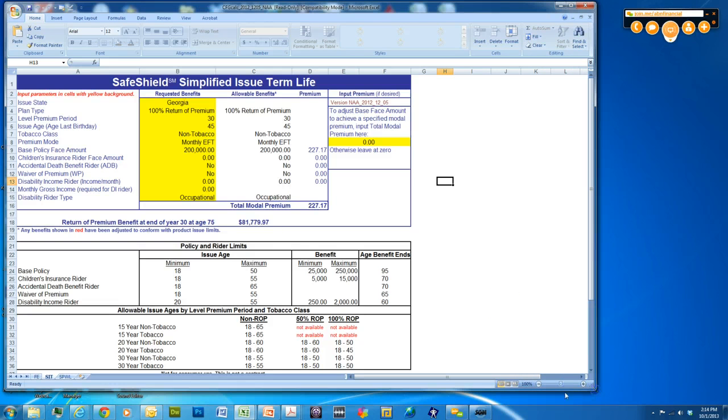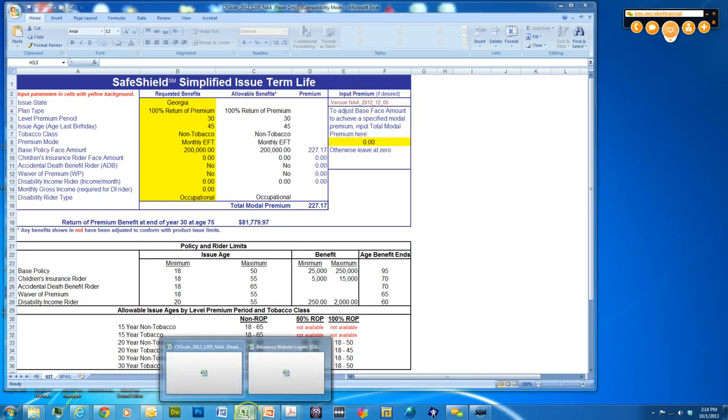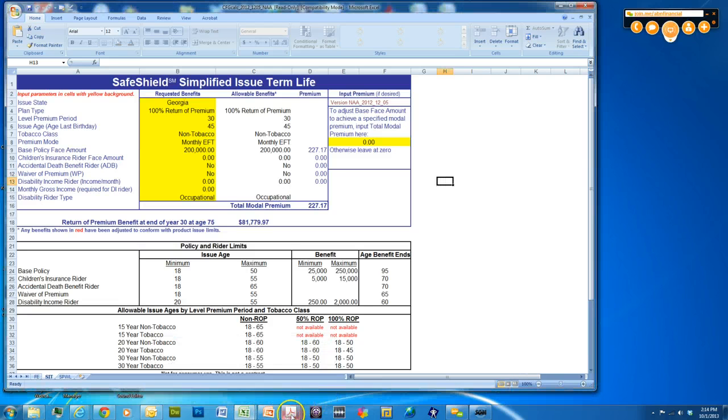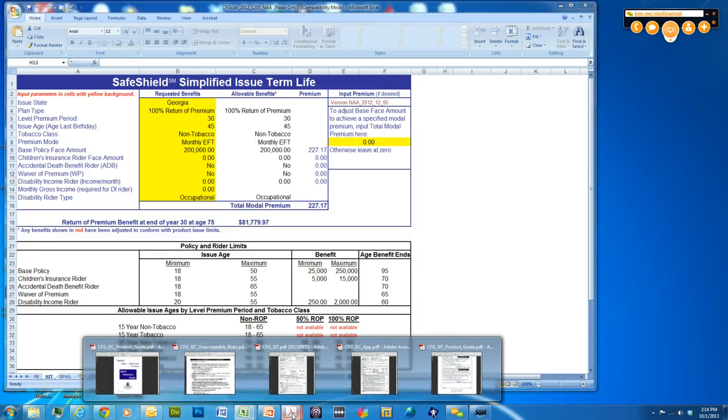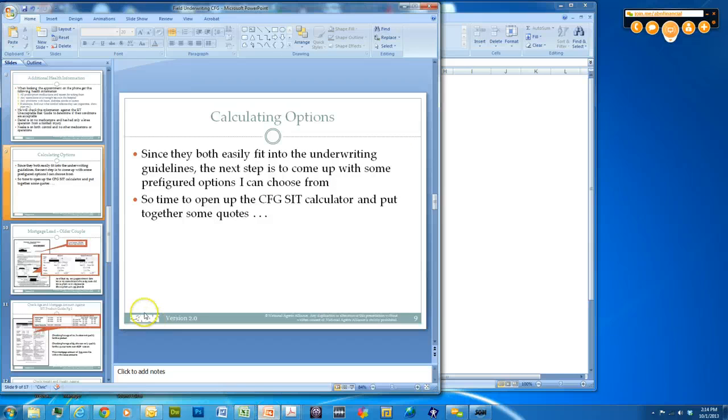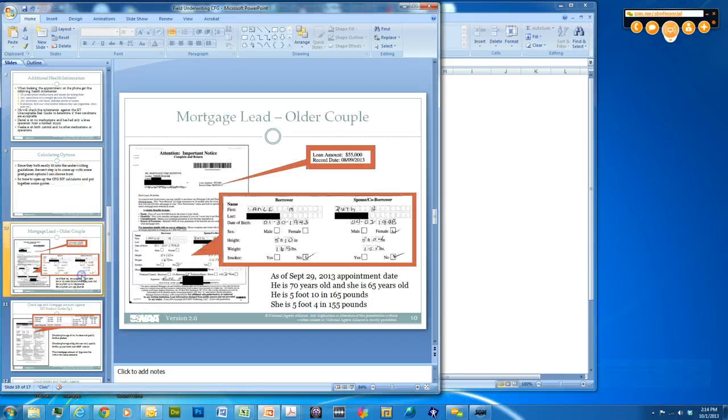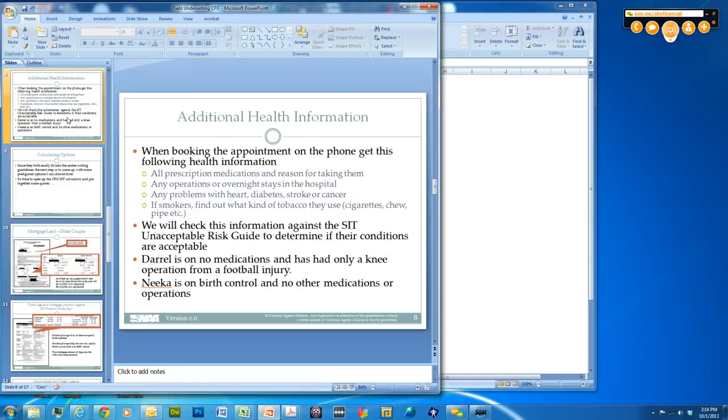Now, the client, as I mentioned, let's see. He's what's his age again?